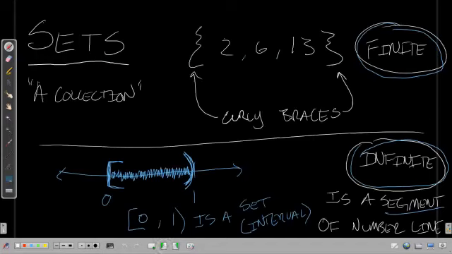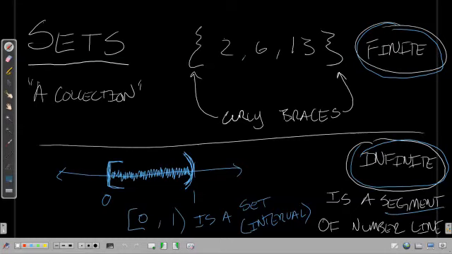Okay. Let's do an example then. So, yeah, what's up? So for infinite set, the braces are like square and round.